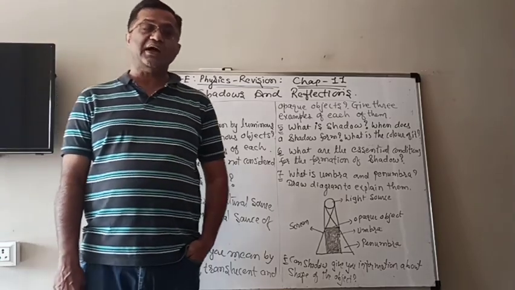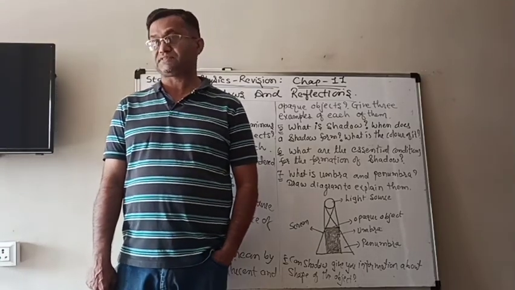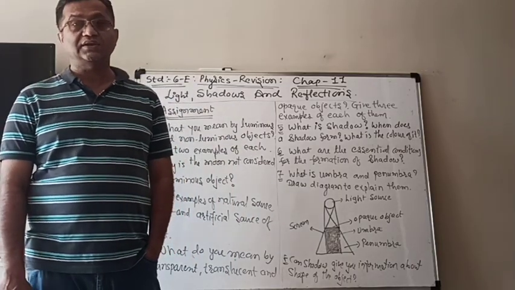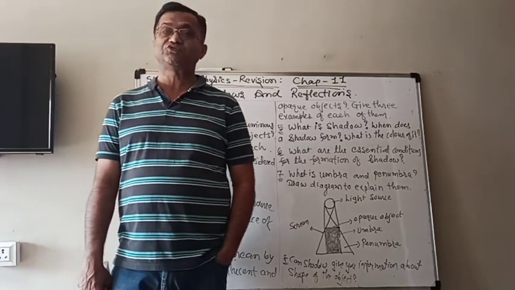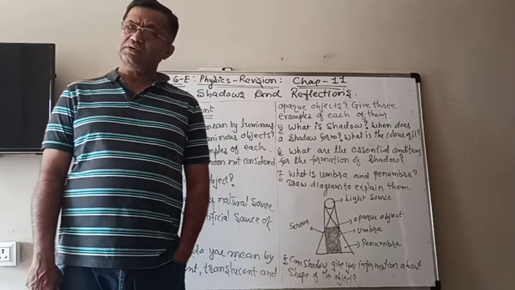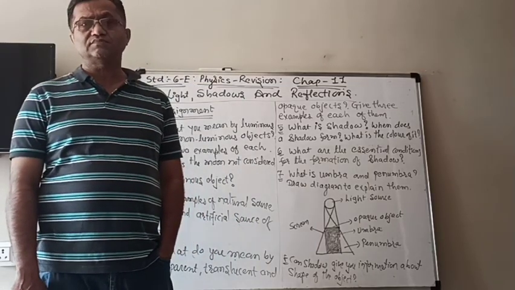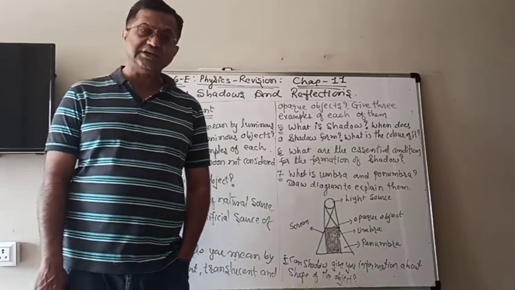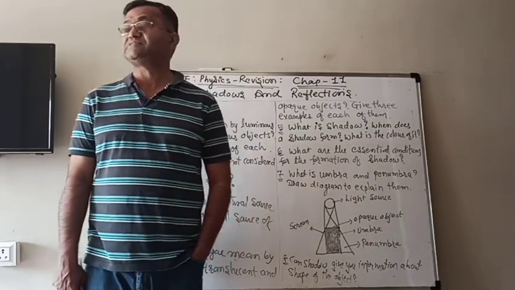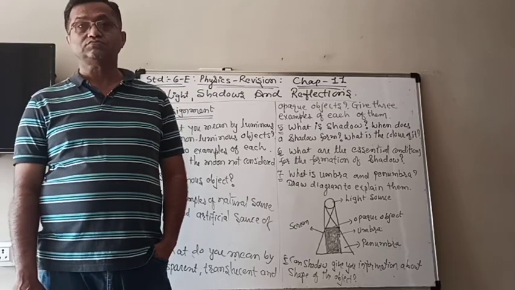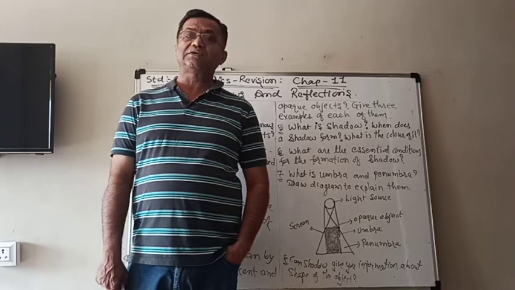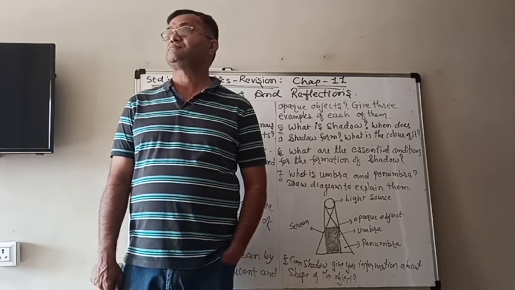Generally, if I ask how can we see the objects, then people will answer that we see the objects with our eyes. It is not perfectly right. It is right that we can see with the eyes, but the other thing necessary is the light also. Without light, we are not able to see the things.